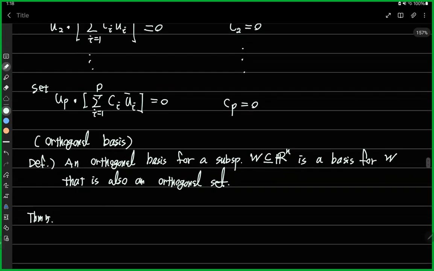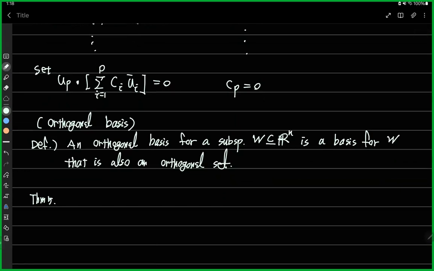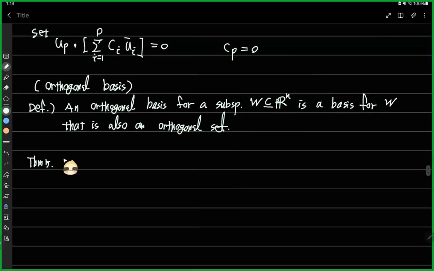But now, when you think about an orthogonal basis, and you express a vector belonging to that subspace as a linear combination of vectors in the orthogonal basis, how can you find the weights? That's the question. So let's say U1 through UP is not only an orthogonal set, but also an orthogonal basis.